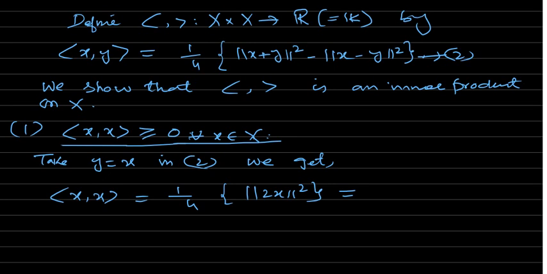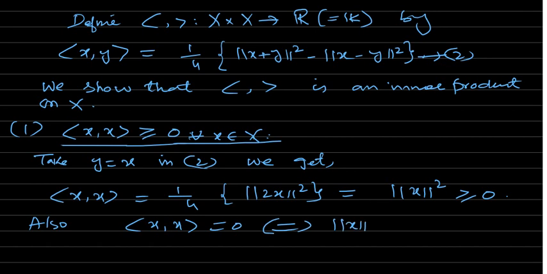That's equal to, you can easily verify, norm x whole square, which is greater or equal to 0. Also inner product of x with x is 0 if and only if norm x square is 0. Since this is a norm, this is true if and only if x is equal to 0. So that's the first property.